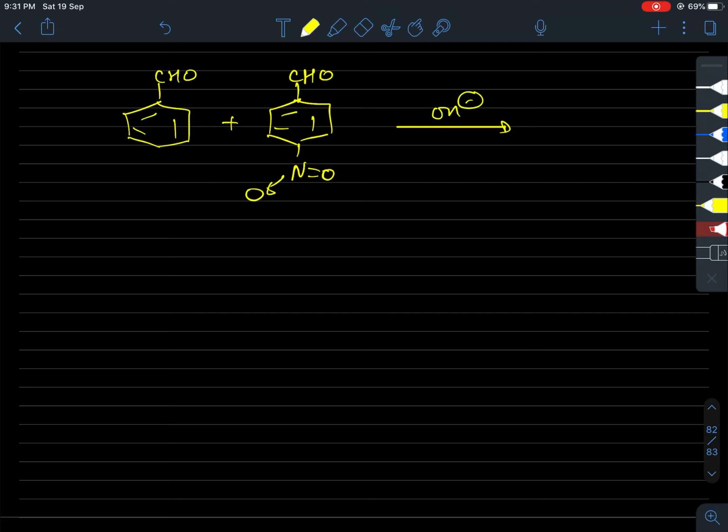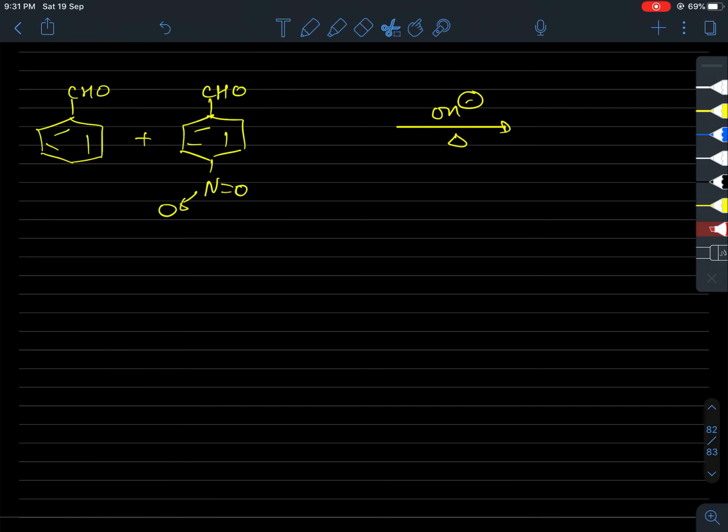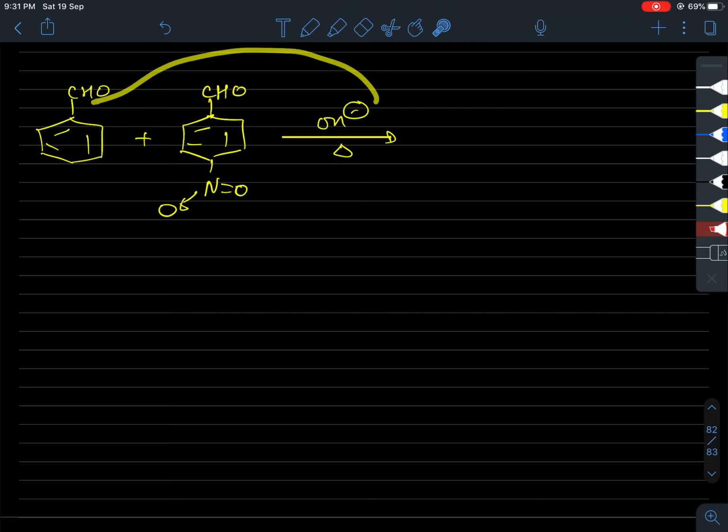By looking at all the patterns which I showed you, wherever the OH minus attacks first, that part is converting into carboxylate, meaning it is getting oxidized, and the other part is getting reduced. Now your first question should be, where should OH minus attack? On this or on this?